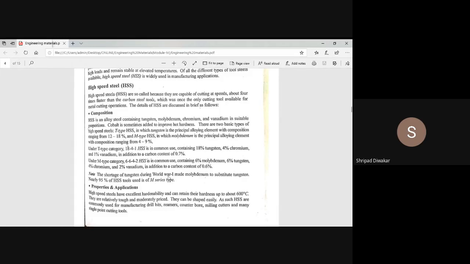Basically there are two types of HSS steels. One is T type HSS steel, and the other is M type HSS steel. HSS means high speed steel. T type means tungsten type. Remember, T is tungsten, and M is molybdenum.